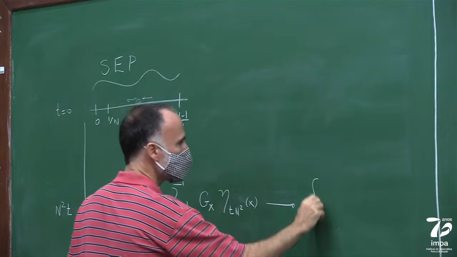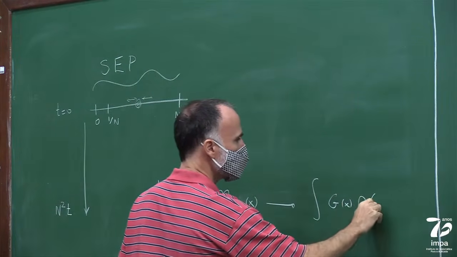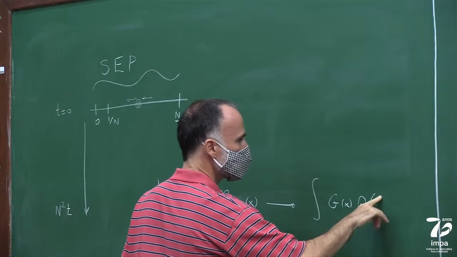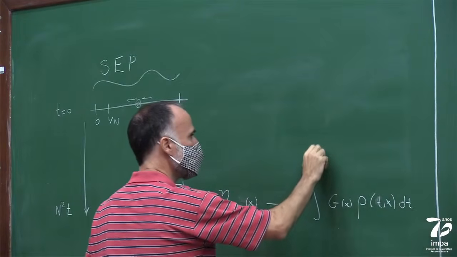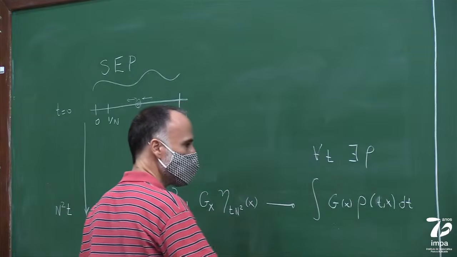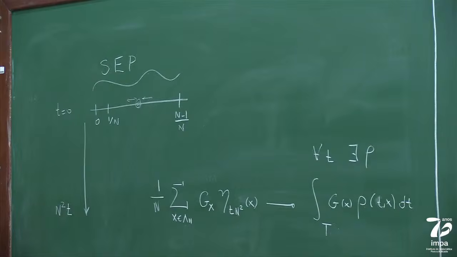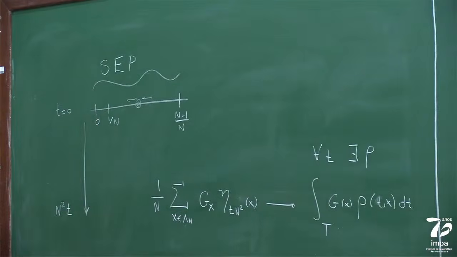So I would like to prove that these converge to the integral of g(x) rho_t(x) dx, so that for all t, there exists a density profile rho_t such that this expression converges to that one, and where rho is the solution of some PDE. So this is what we would like to do.